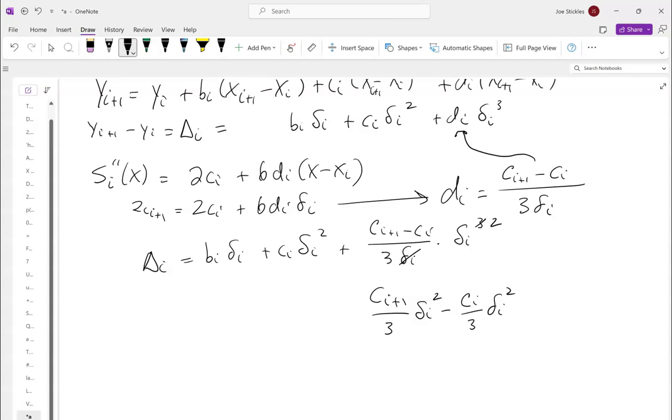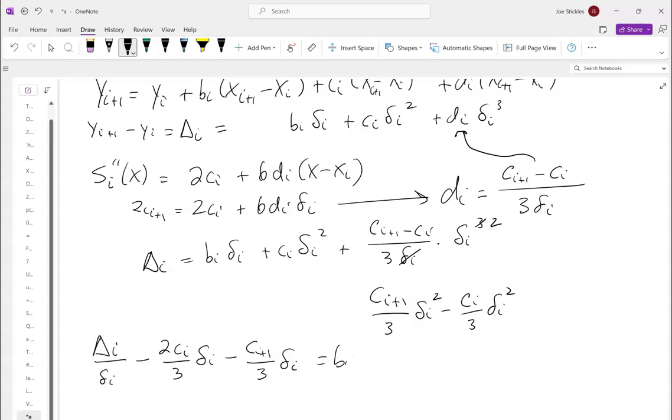So if I solve this for B sub I, then I'll have delta sub I over little delta sub I. Because I got to divide this delta sub I out. We'll have minus 2 C sub I over 3 delta sub I and a minus C sub I plus 1 over 3 delta sub I. Right? I could make that look a little bit prettier because I could factor out a minus 1/3 here.